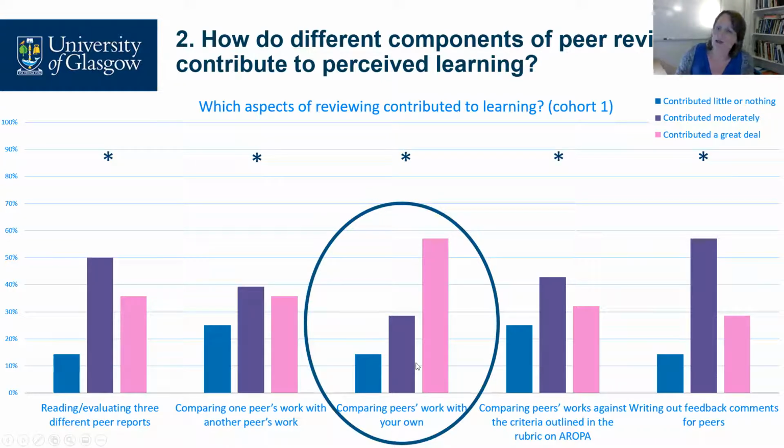Now, this was during the reviewing process, the point at which they were asked to review other people's work. So they hadn't been asked at this stage to make an explicit comparison between the other person's work and their own. In fact, this is cohort 1, so they were never asked to make an explicit comparison between the other person's work and their own.